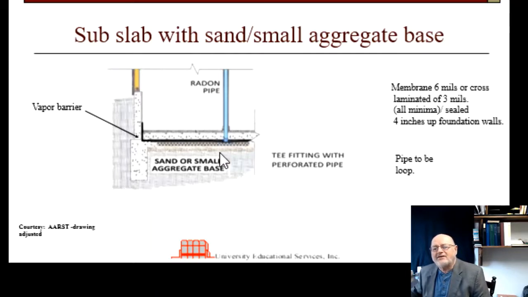Because we're on sand and not gravel, the perforated pipe, rather than being just 5 feet on either side of the T within the gravel, here we have a little more of a complication. First of all, we're going to run the perforated pipe along the interior perimeter of the foundation to make a complete loop.